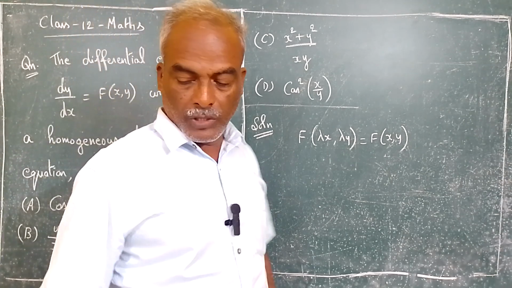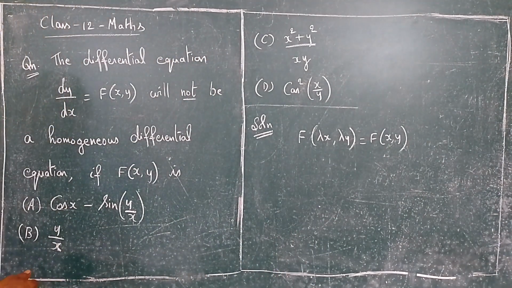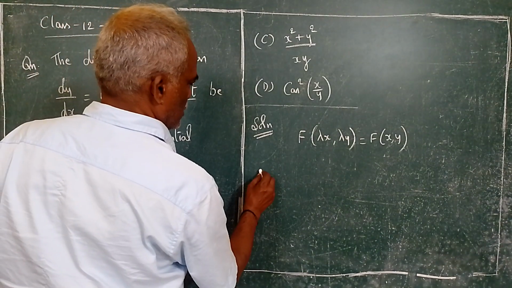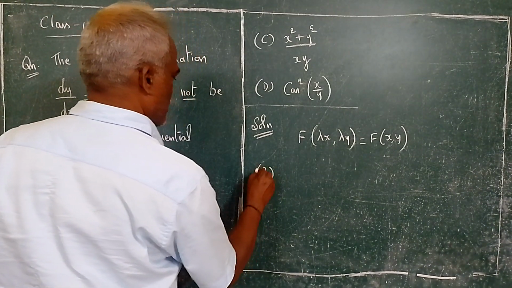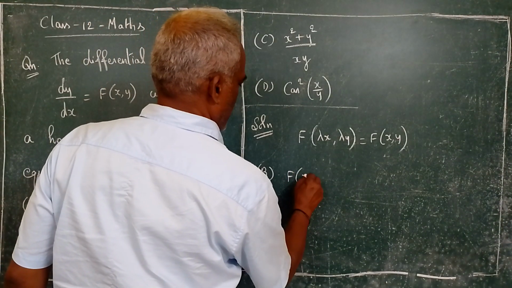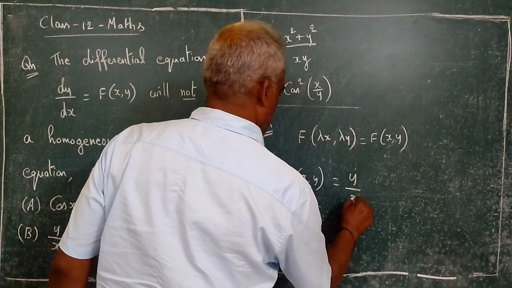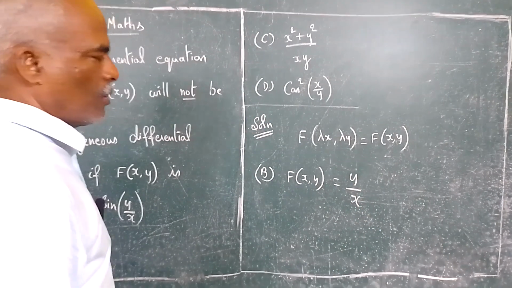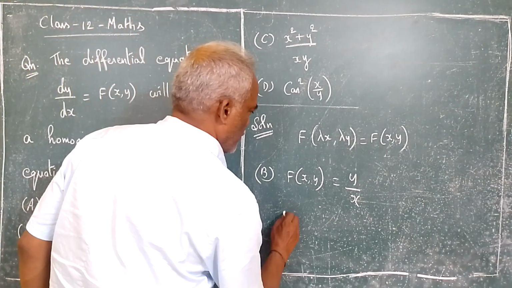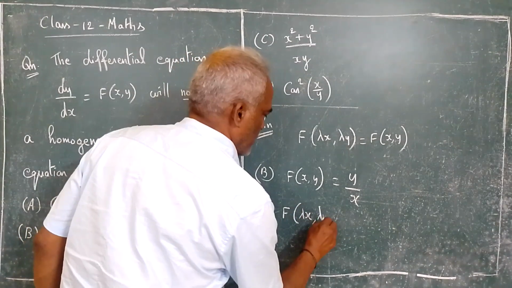So first we will try out option B. Option B is given as f of x comma y is y by x. Now what we have to do is f of lambda x comma lambda y.